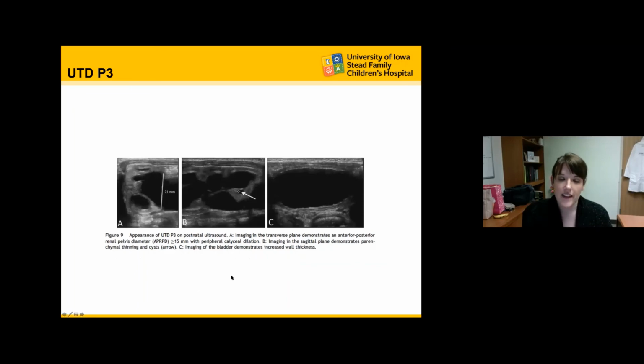Okay, and then this is P3, so again, somewhat analogous to SFU grade 4. So abnormal appearing parenchyma here, thinned parenchyma, what appears to be a cyst indicating potentially not good renal health, and then some increased bladder wall thickness, which would put this in the high risk category.